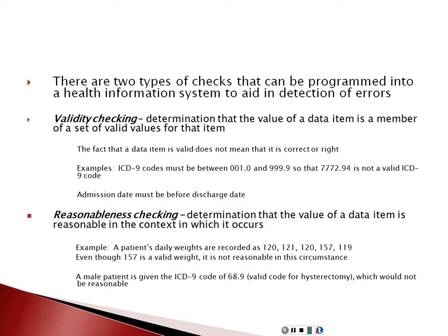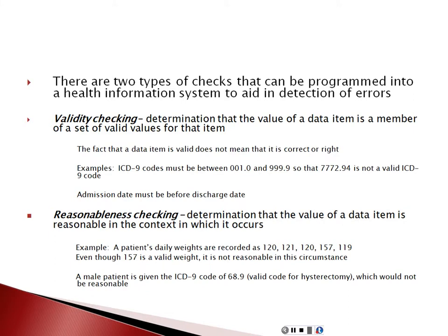Now all of these are valid. Somebody can weigh 120, somebody can weigh 157. Those are valid weights, but they're not reasonable under the circumstances. So even though that 157 is a valid weight, it doesn't mean that it's reasonable. Normally somebody doesn't gain 37 pounds within 24 hours and turn around and lose 38 pounds.